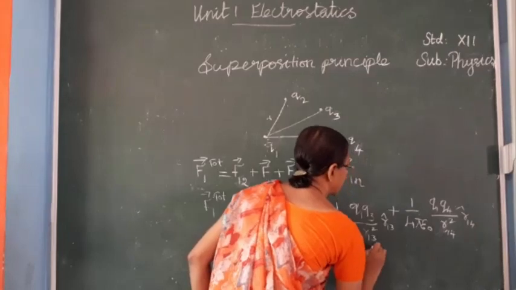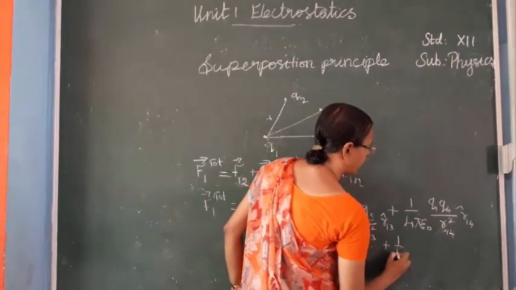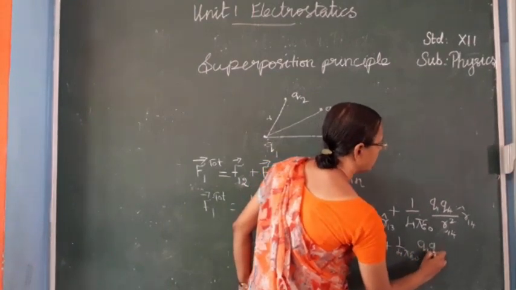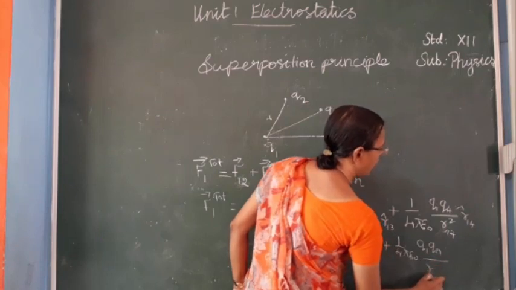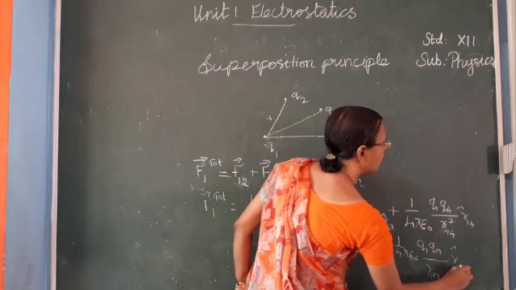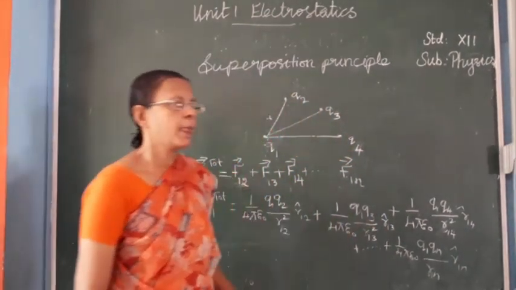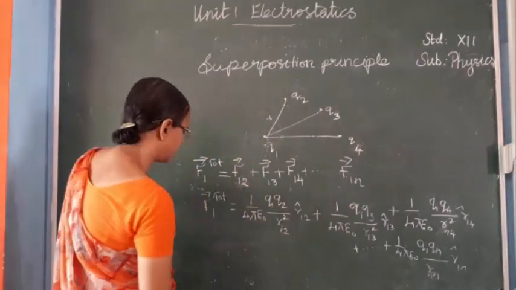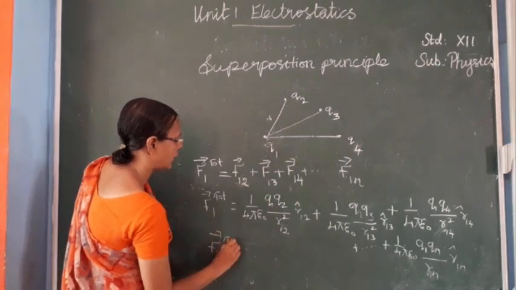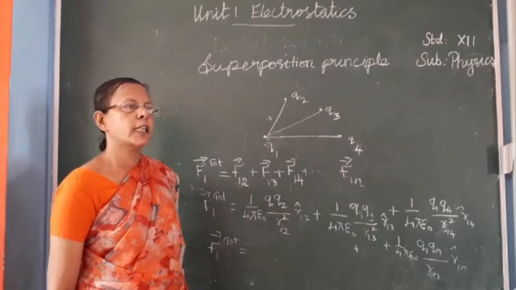Then plus etc., plus 1 by 4 pi epsilon 0 Q1 Qn divided by R1n square, R1n cap. So this is the expansion we have added. So here for F1 vector total, we can take 1 by 4 pi epsilon 0 out.